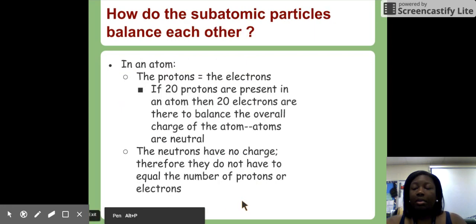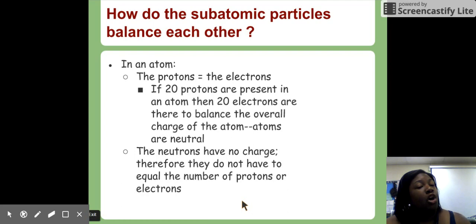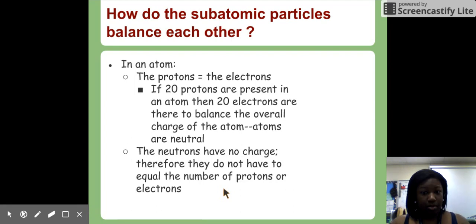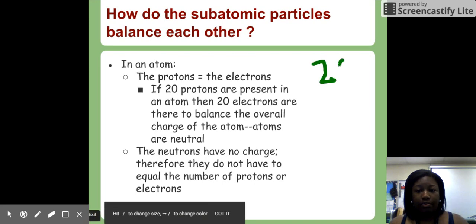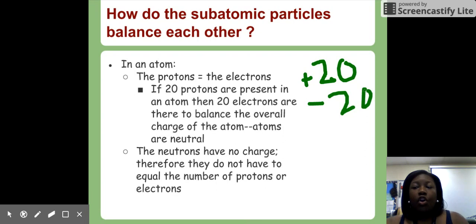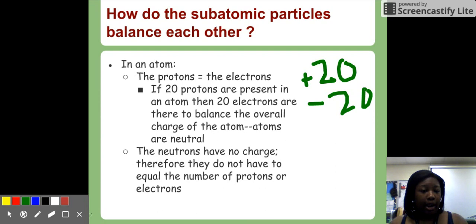So how do the subatomic particles balance each other out? So the number of protons equals the number of electrons, okay? So if we have 20 protons present, 20 pluses, and then 20 minuses, I'm sorry for the handwriting, they're going to cancel each other out, right?